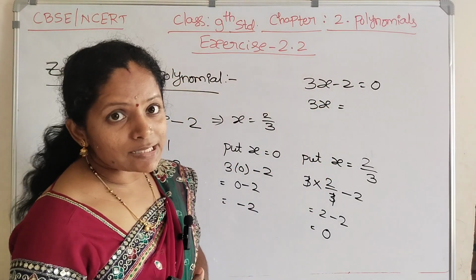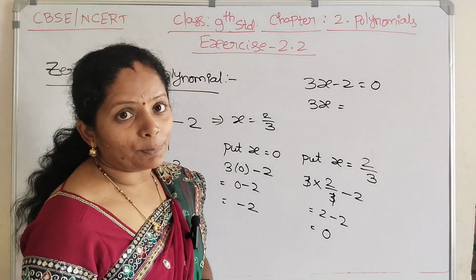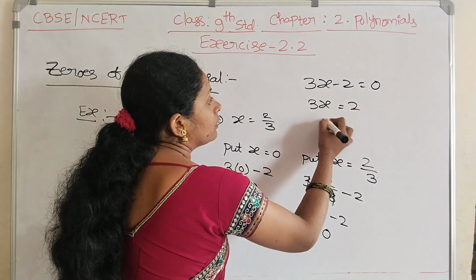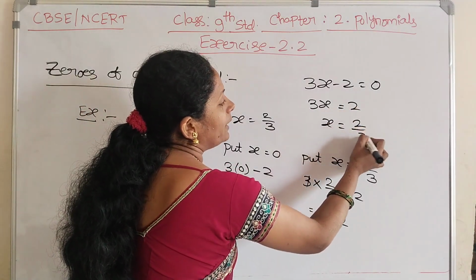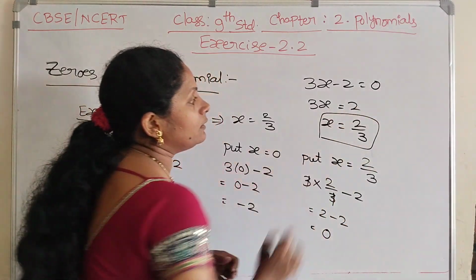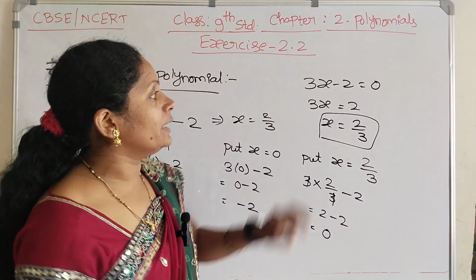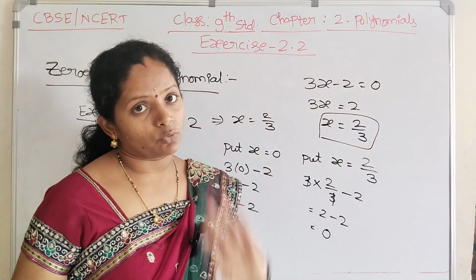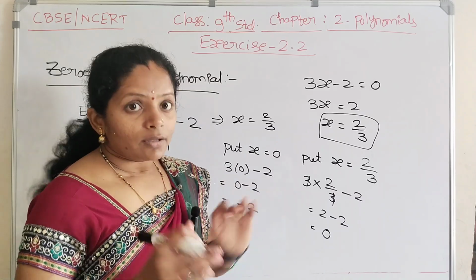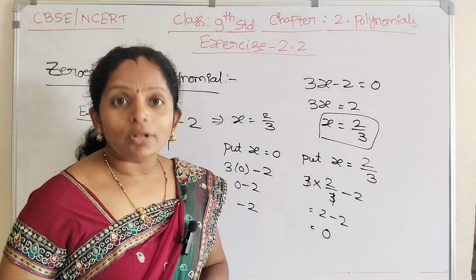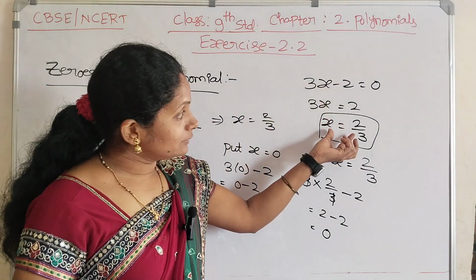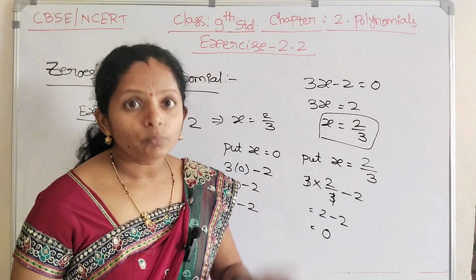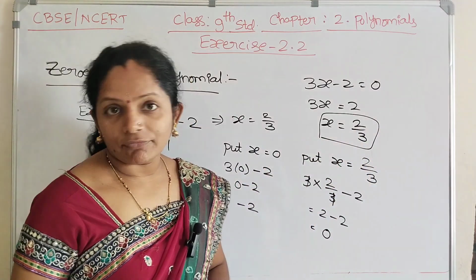If it goes to the other side, it will become plus 2. 0 plus 2 is 2. x is equal to 2 by 3. In this way, we can get the zero of a polynomial by equating the given polynomial to 0. In other words, we can also say that this is called the root of that equation.